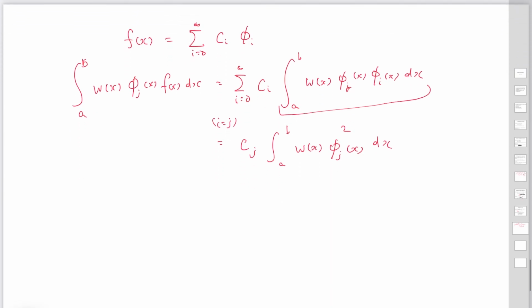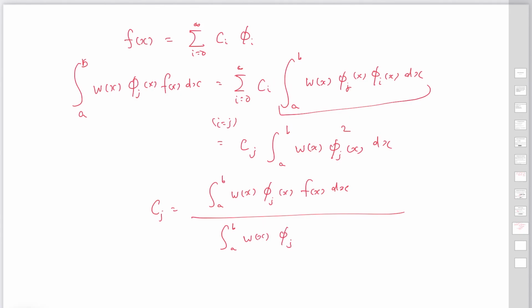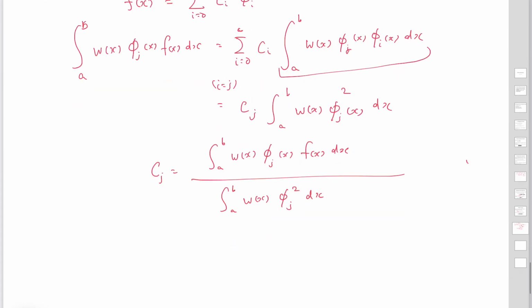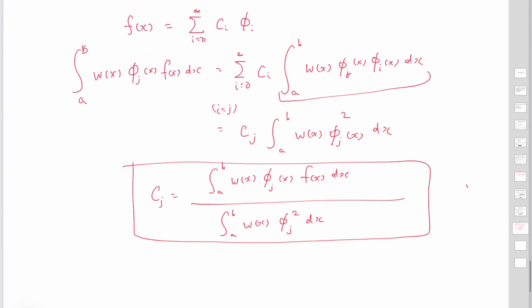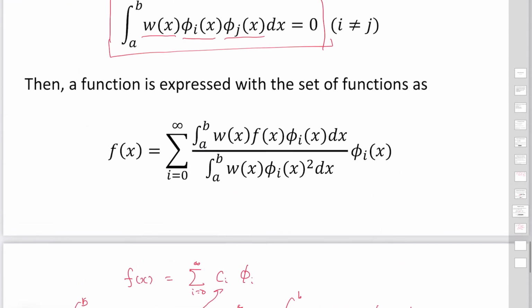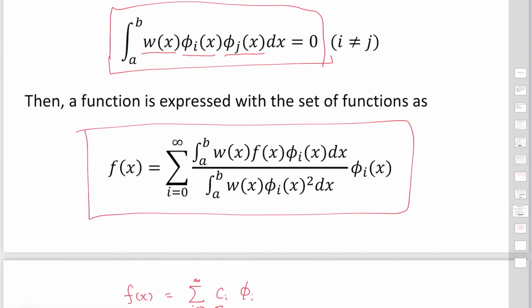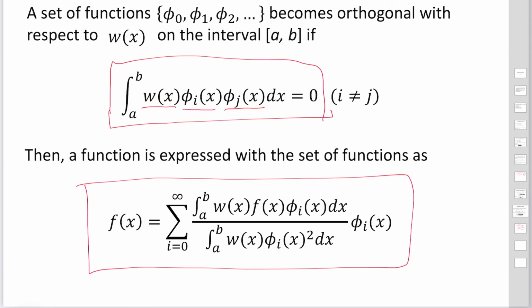From these equations, you can find c sub j is the integral from a to b of w of x phi sub j of x f of x dx over the integral from a to b of w of x phi sub j squared dx. So we find the coefficient c sub j, and by substituting it into these equations, you get this expression for f. Okay, this is the end of the first session.